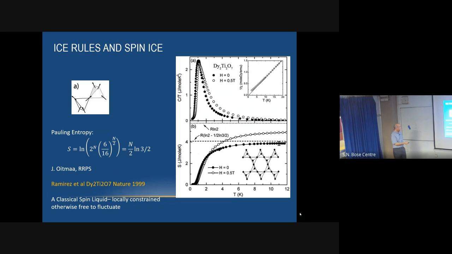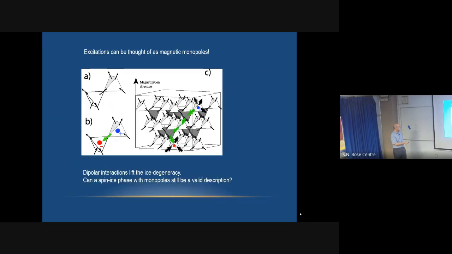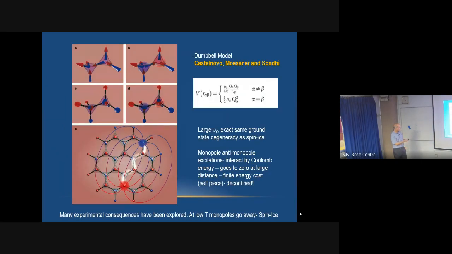And furthermore, what is well established is that at low temperatures you have this constraint, the 2 in, 2 out constraint, which can be directly seen in neutron scattering by just these pinch points. Furthermore, at higher temperatures, you can describe the thermodynamics of the system just like Debye and Huckel described an electrolyte, of positive and negative charge.